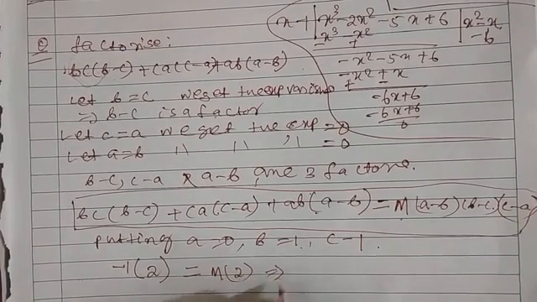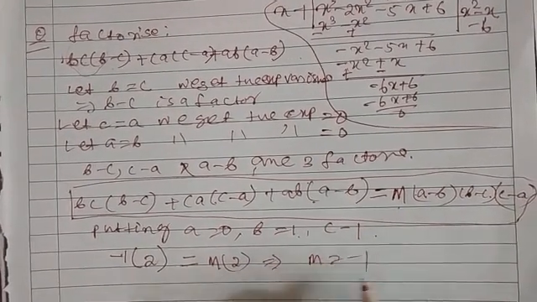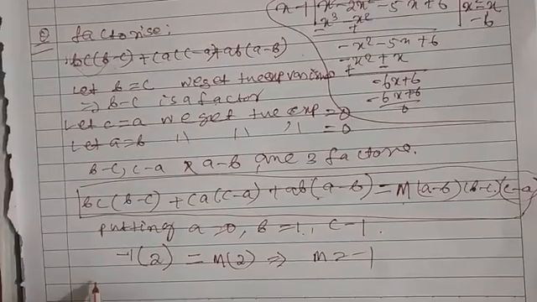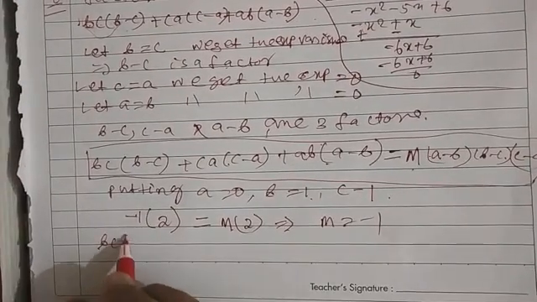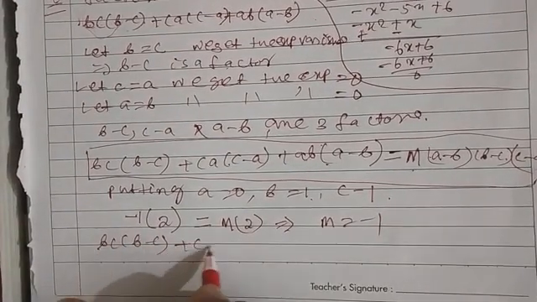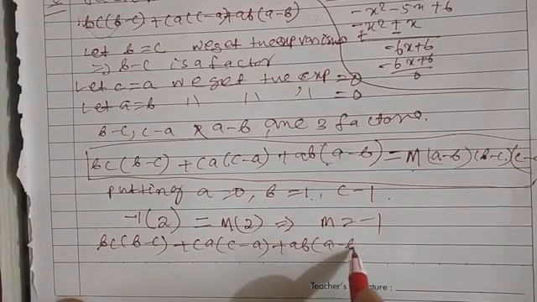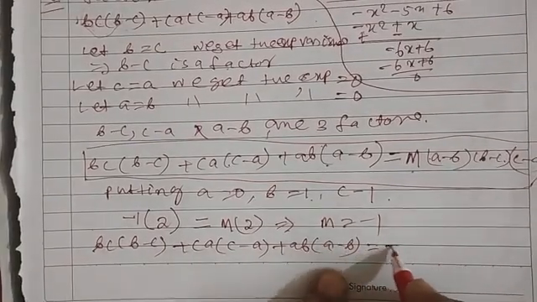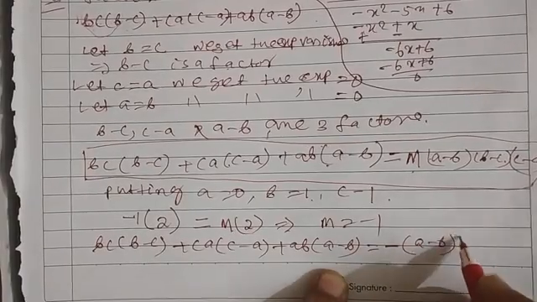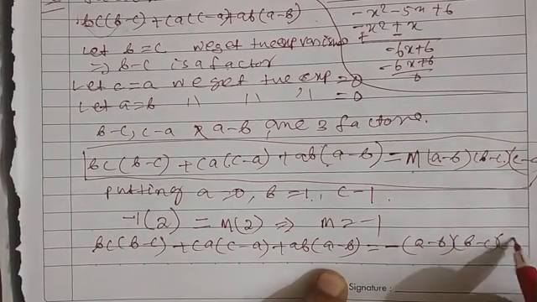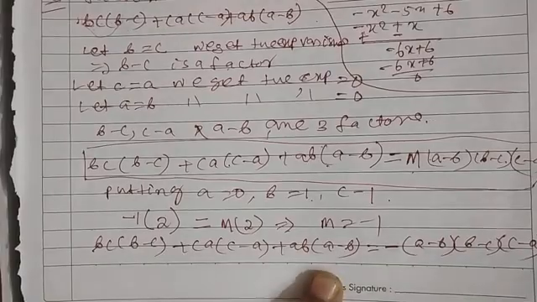So obviously m is -1. So we get bc into b minus c plus ca into c minus a plus ab into a minus b is minus a minus b, b minus c, c minus a.